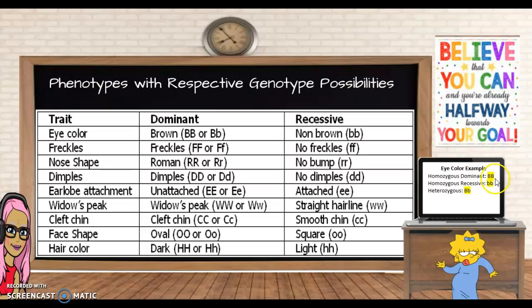Your homozygous dominant would be the two capital B's. Homozygous recessive would be your two lowercase b's. And the heterozygous would be a capital and a lowercase b. This is just showing how you would use these dominant and recessive genes as a genotype.